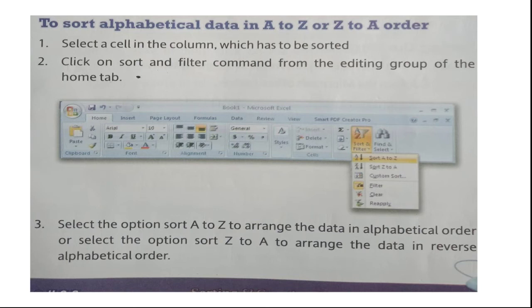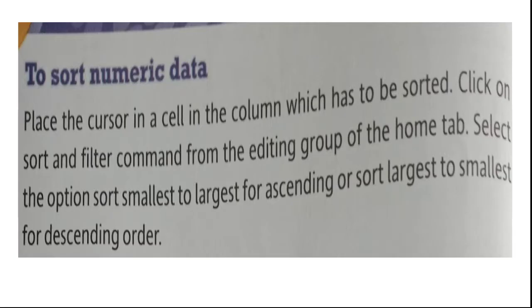Select the option sort Z to A to arrange the data in reverse alphabetical order. Whichever option is required, we have to select it. Reverse alphabetical means it would be sorted from Z to A. Then to sort numerical data, I don't have any names, I have only numbers, and I have to arrange them in numerical order.